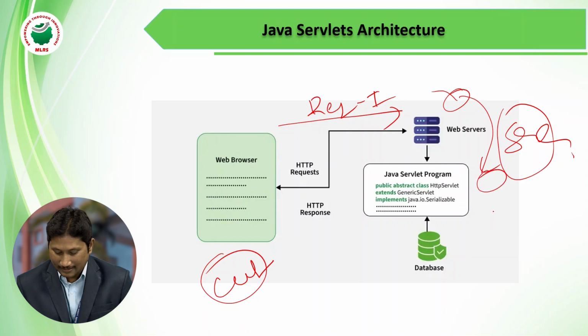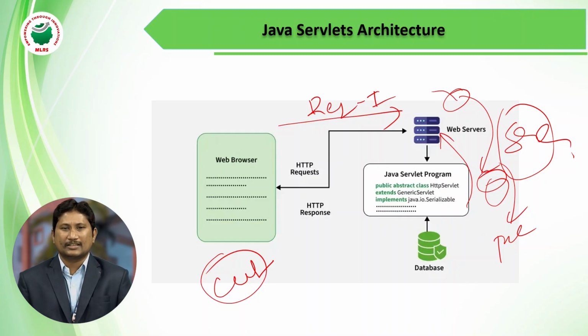On the server side we have the servlets. After receiving the request, the servlets accept and process it, and finally send the response back to the server. This is the main use of the Java servlet.